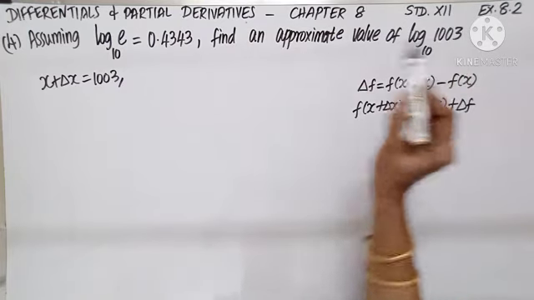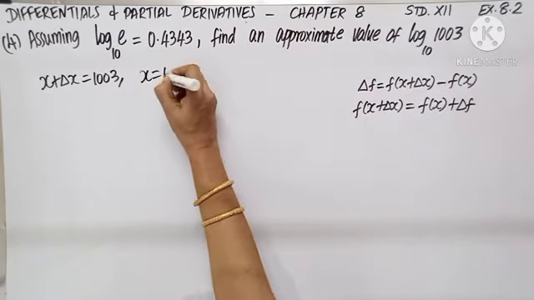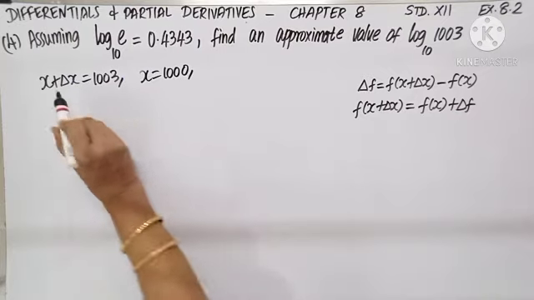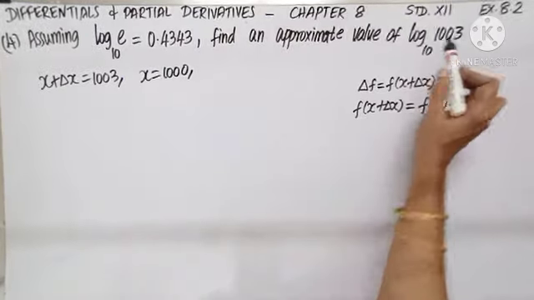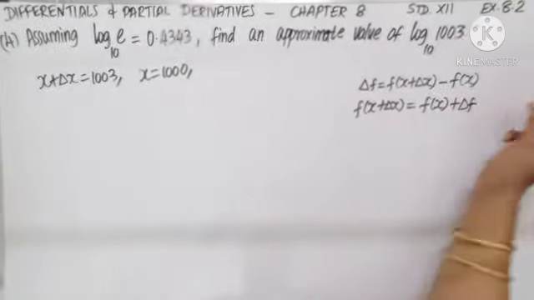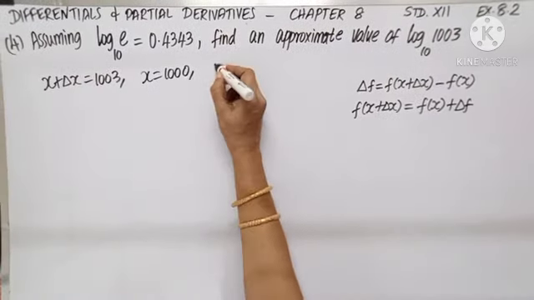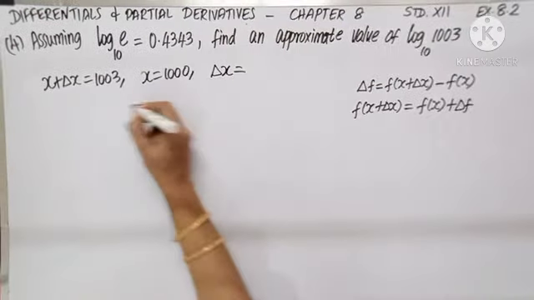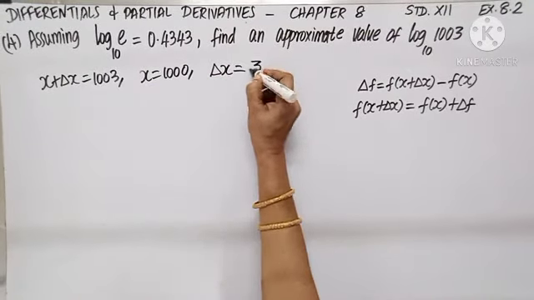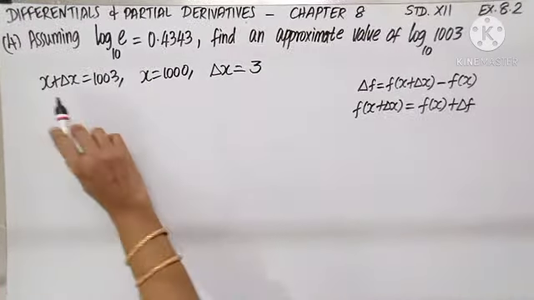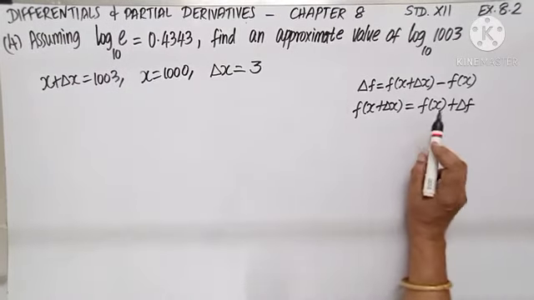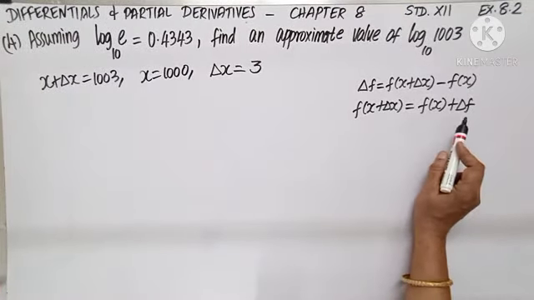So take x as 1000. If x plus del x is the given 1003, the nearing value that I know is 1000. What is del x? The difference. It is nothing but 3. As I know it all, I must find out what is f of x and del f.